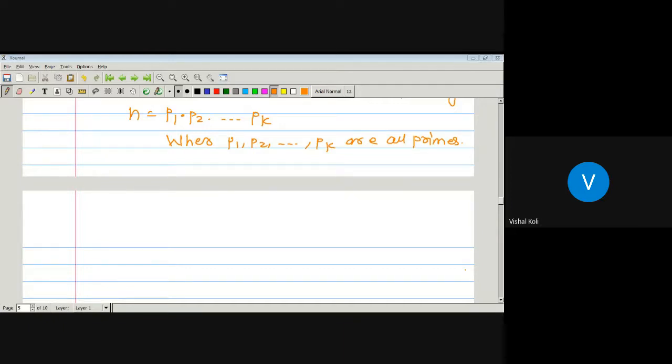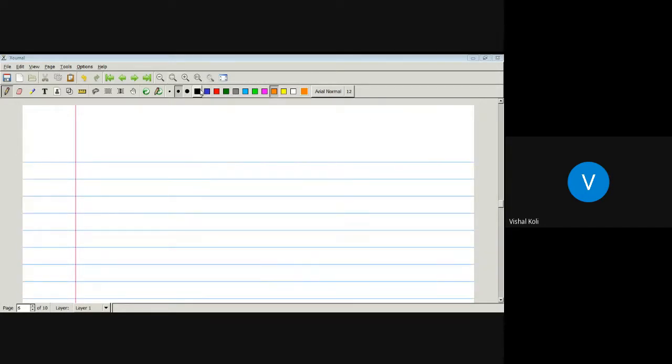That is, uniqueness we have to prove. Now we will do the uniqueness. For uniqueness, we have to take two prime factorizations for an integer n.